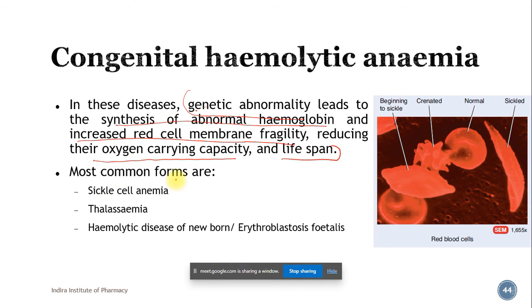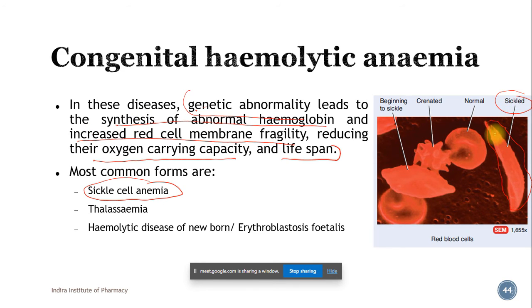The most common type is sickle cell anemia. You can see the sickle shape of the cells, and as this is not the normal shape, these cells get stuck in the blood vessels and get destroyed.